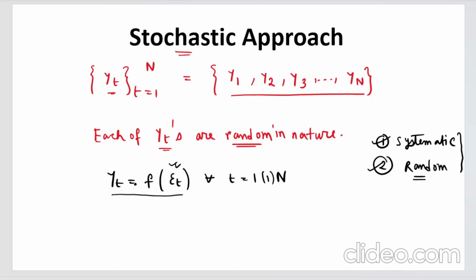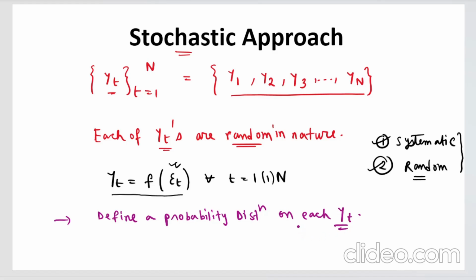Now, since each of these yt is random in nature, we can define a probability distribution on each yt.